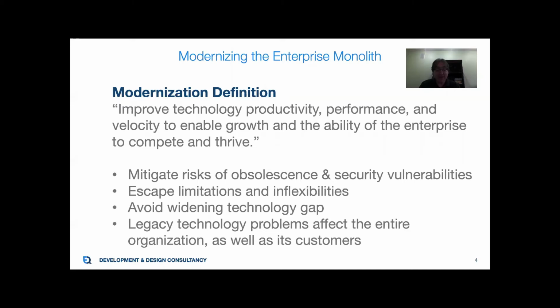And if you haven't had a security incident, maybe that's not going to be forefront of decision makers' minds. It can get us out from limitations and inflexibilities, and we'll see how that affects things more in some upcoming slides, along with the widening technology gap, a real technology case of the poor getting poorer. When you've got problems, it's easy for those problems to just compound.